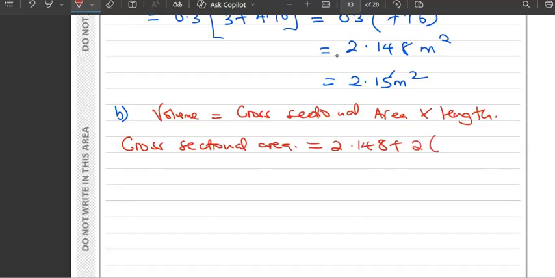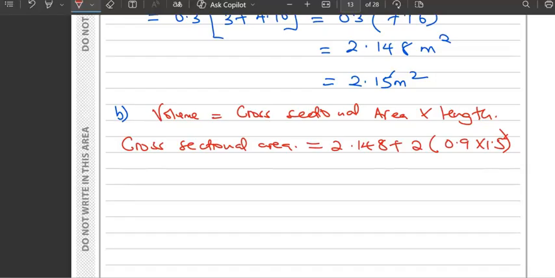plus 2 multiplied by, we know that the area of a rectangle is given as length times width, so this one will be 0.9 times 1.5.